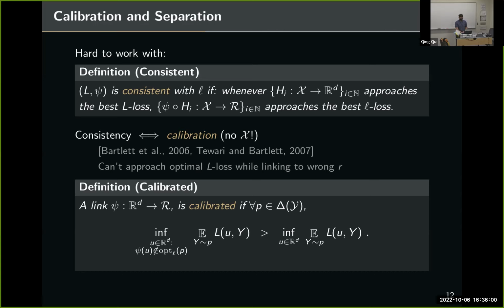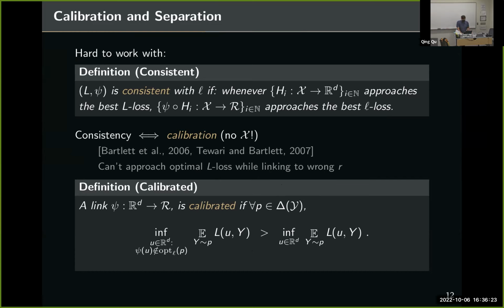An important piece of this, though, is that I have no X, I have no features. I'm not thinking about hypotheses. I'm just thinking about surrogate reports, and that's much, much easier to work with.